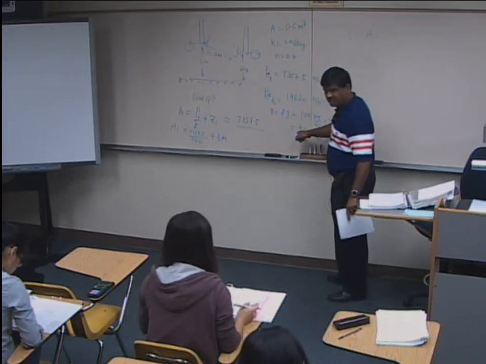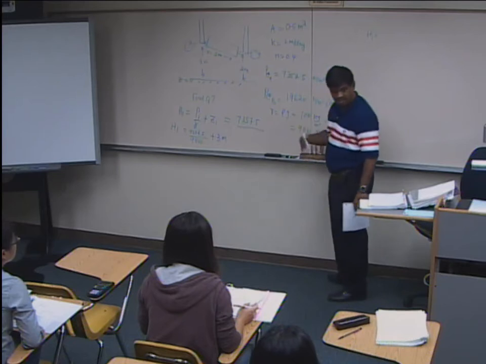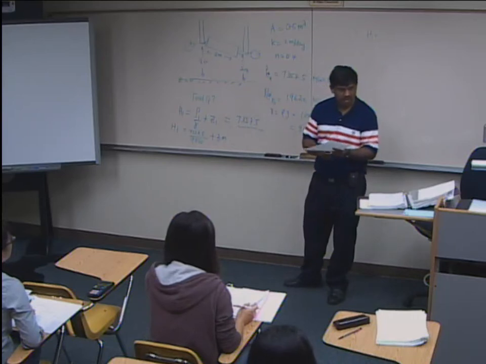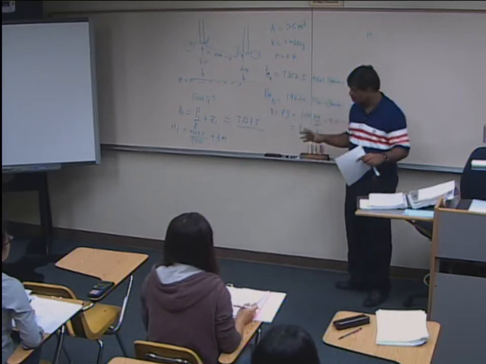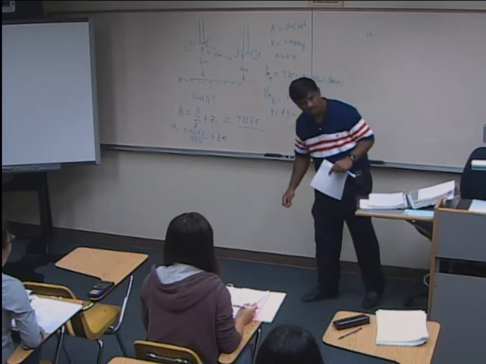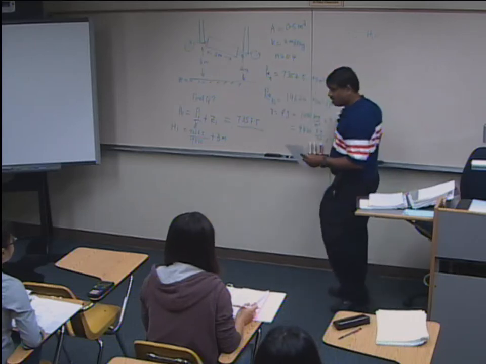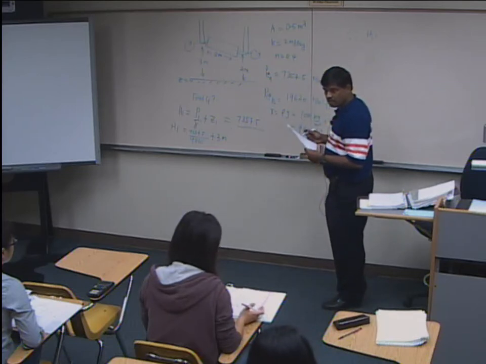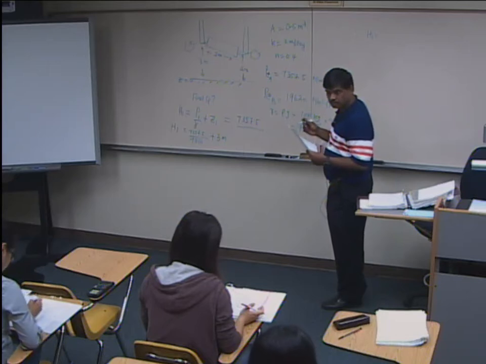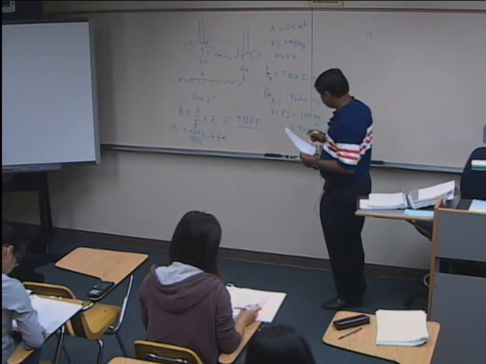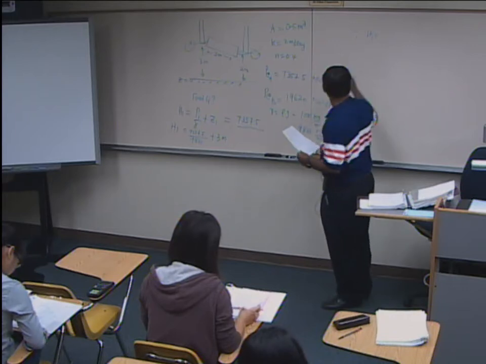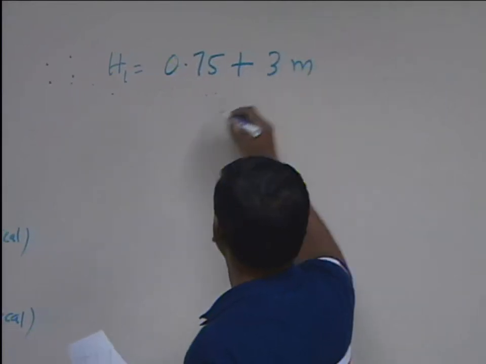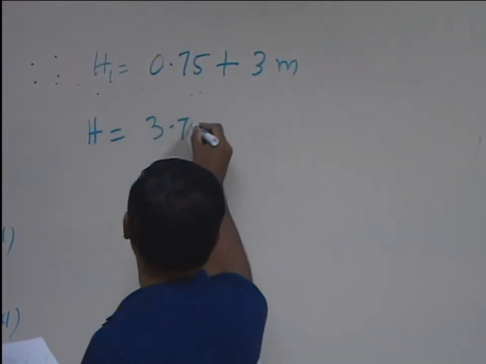By the way, this is roughly 10,000. So an easy way to compute in SI units is to divide the pressure in Pascal, or Newton per meter squared, by 10,000. So it's about 0.7 something, right? Can somebody give me the exact answer? I think it's 0.75. Am I right? 0.75 plus 3, so H1 is equal to 3.75.